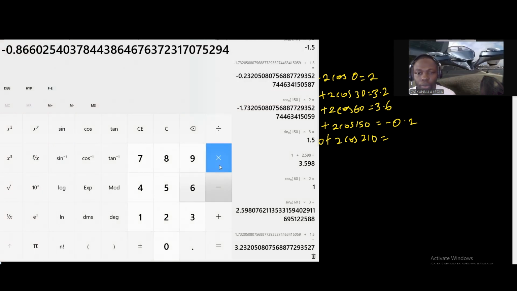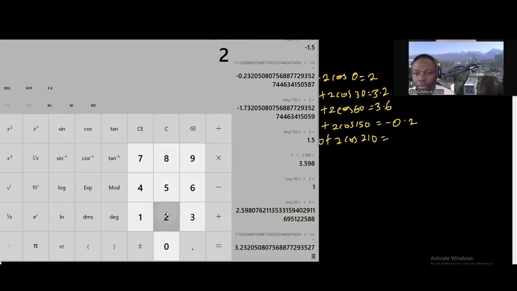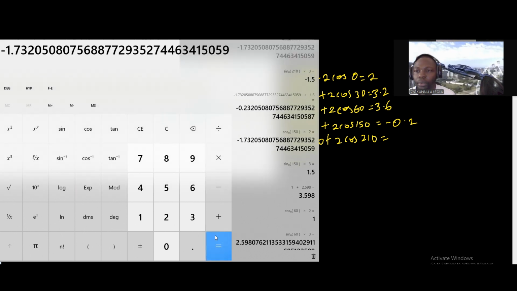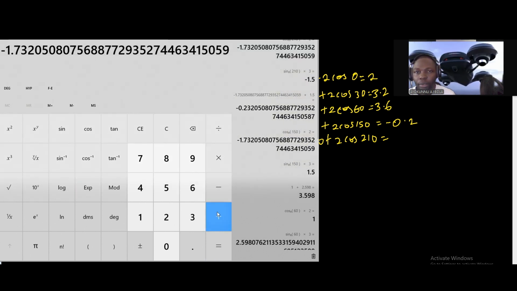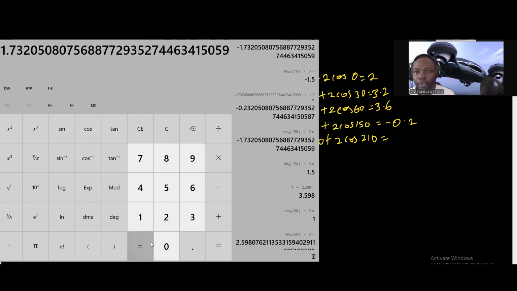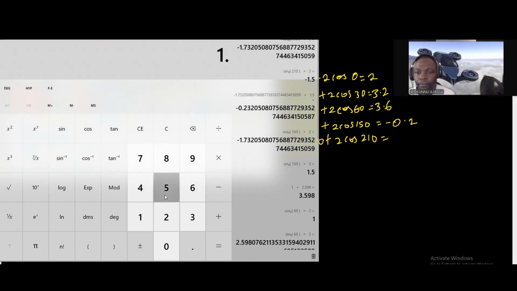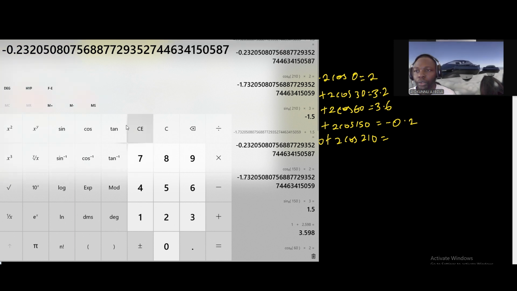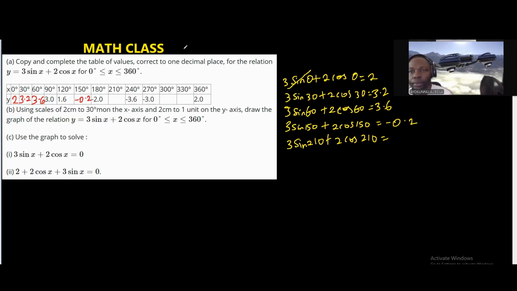Yes, sir. So then times 2, then we're adding negative 1.5, right? Yes, sir. So this also gives minus 0.2, okay? Yes, sir. So this is going to be negative 0.2. Then we're looking for 300.